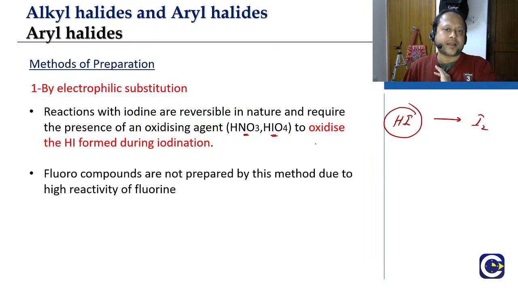Fluorine we avoid altogether. Why? Because fluorine is extremely violent in reaction. It's quite explosive, so serious harm can be done. Therefore we avoid fluorine by this method. We do make fluorobenzene also, but by some other method called the Balz-Schiemann method, that we will discuss later.